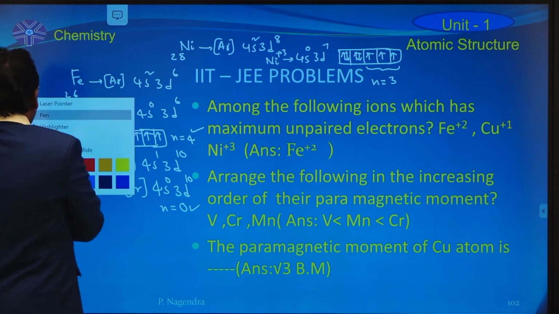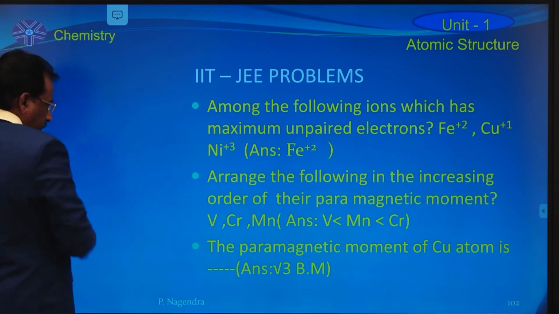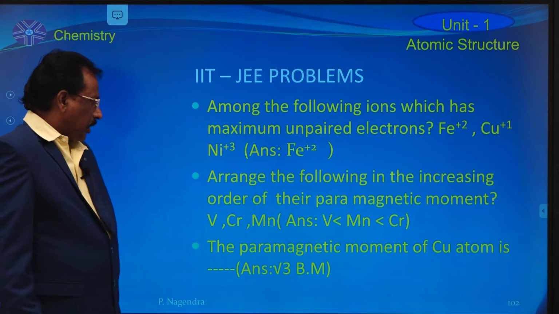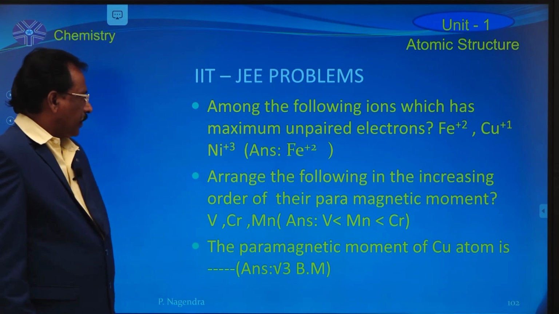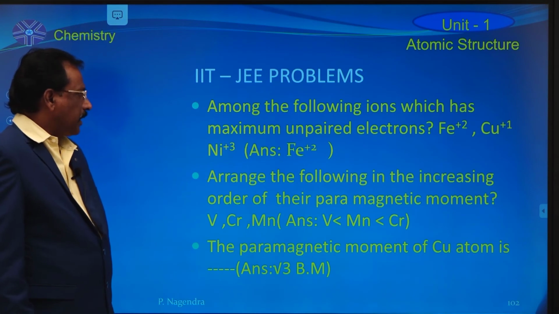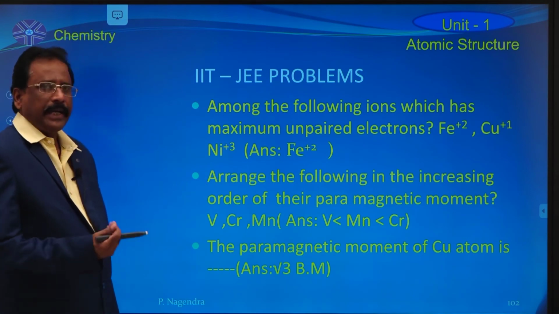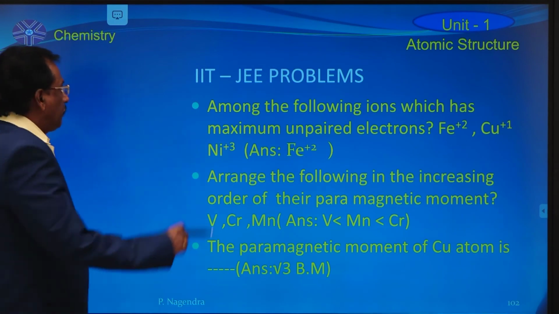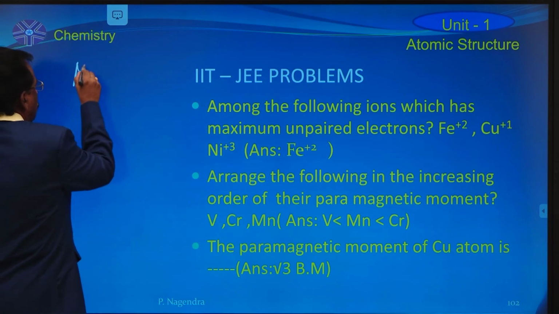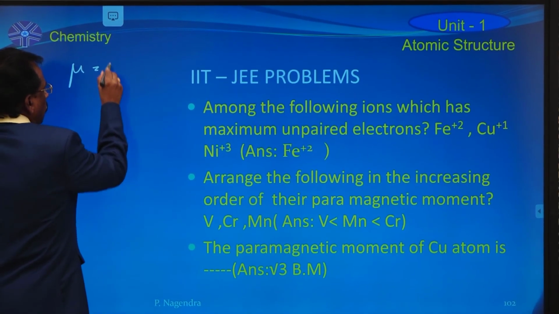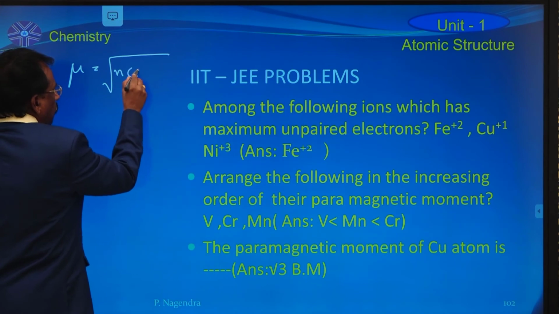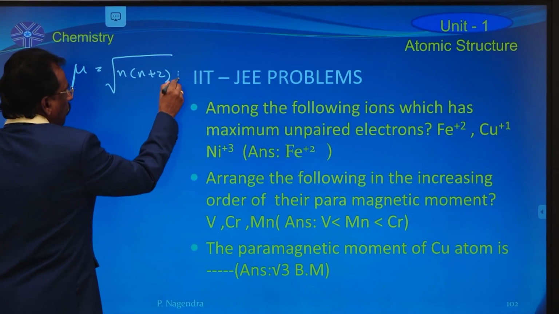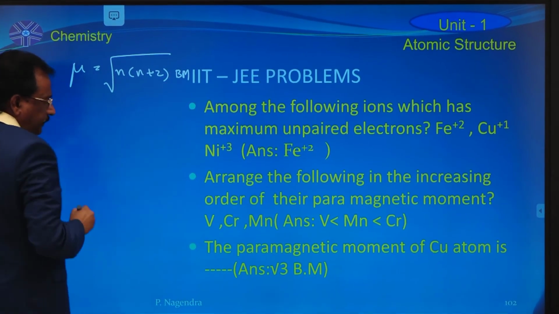Now another question is, arrange the following in the increasing order of their paramagnetic moment. The paramagnetic moment depends upon the number of unpaired electrons. So the paramagnetic moment mu is equal to the square root of n into n plus 2 Bohr magneton.